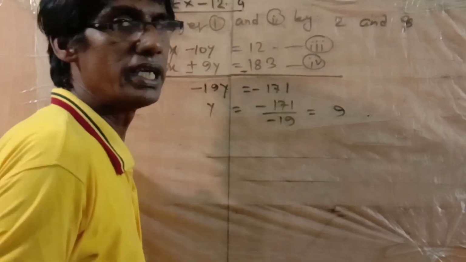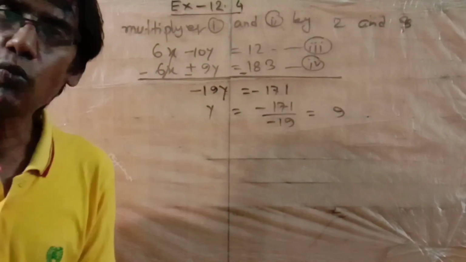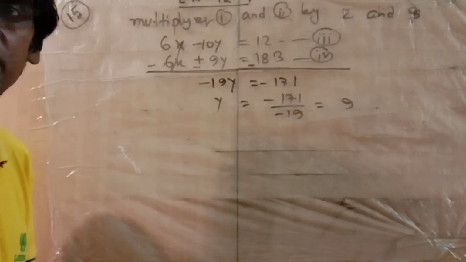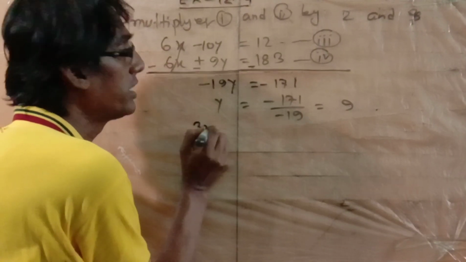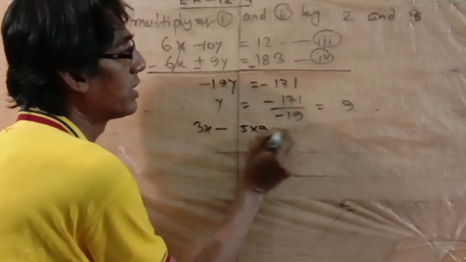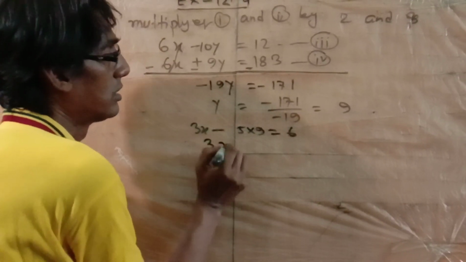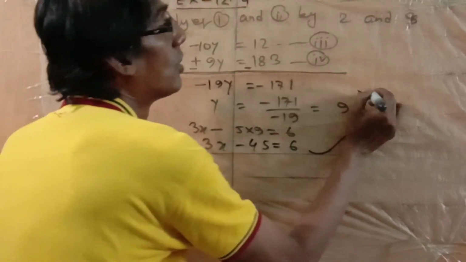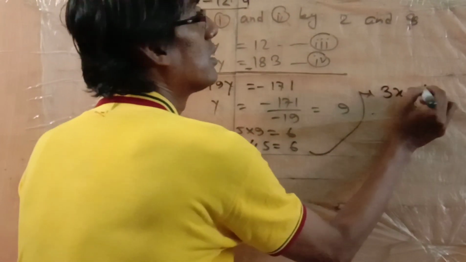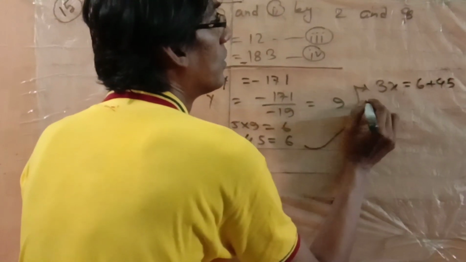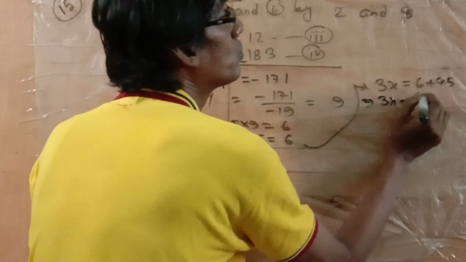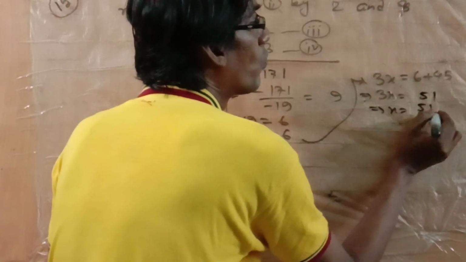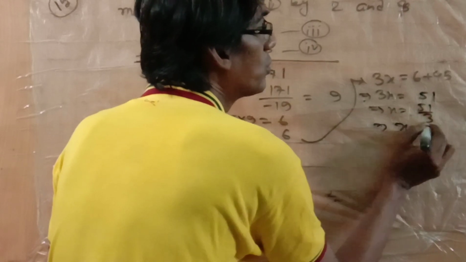Now putting the value of y in equation number 1: 3x minus 5y equal to 6, or 3x minus 5 nines are 45 equal to 6, or 3x equal to 6 plus 45, or 3x equal to 51, or x equal to 51 by 3, or x equal to 17.